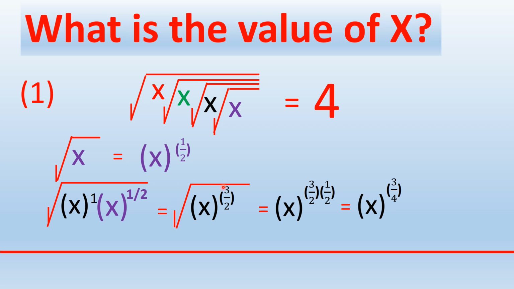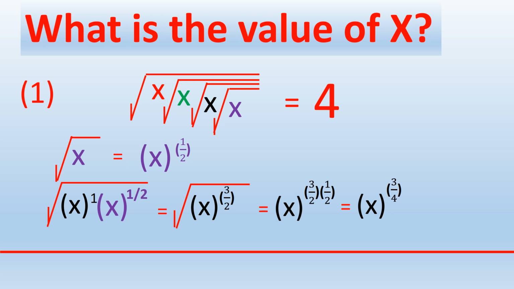So we get x to the power of 3 over 2. Then when we take it out from here, we put this in a bracket, and this will come out as a half. So x to the power of 3 over 2 times 1 over 2 goes back to x to the power of 3 over 4.